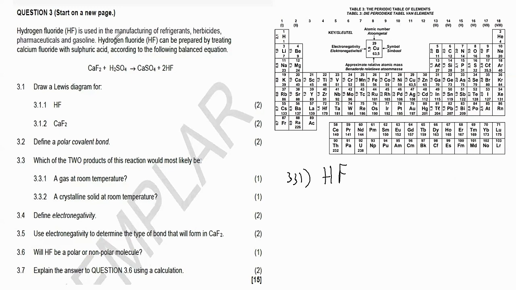Now, we know that something that makes a gasoline has weaker intermolecular forces. So, therefore, we expect it to be a gas at room temperature. Then 3.3.2, which one will be a crystalline solid at room temperature? Now, the one that will be a crystalline solid at room temperature will obviously be our calcium sulfate, right?